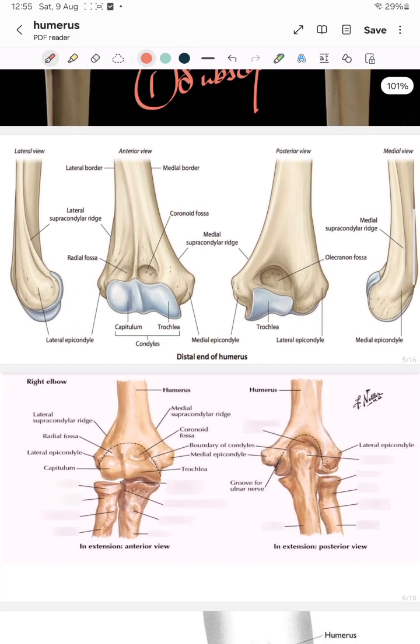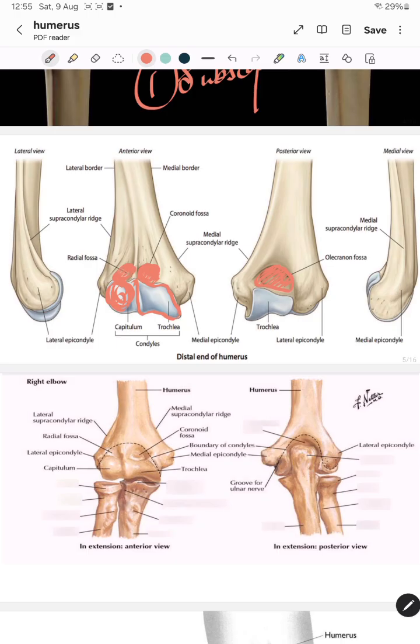On the lower end we can see the coronoid fossa and the radial fossa on the anterior aspect. We have the trochlea and the capitulum. On the posterior aspect we can see the olecranon fossa. In the olecranon fossa the olecranon process of the ulna fits, and in the coronoid fossa the coronoid process of the ulna fits.